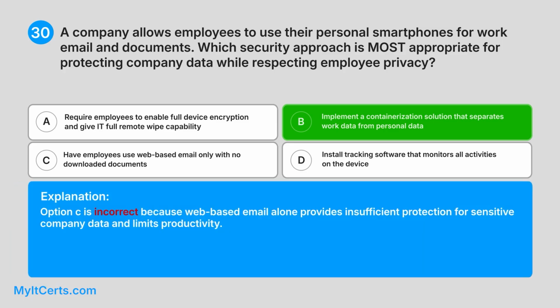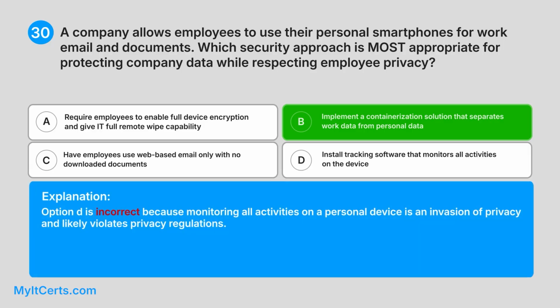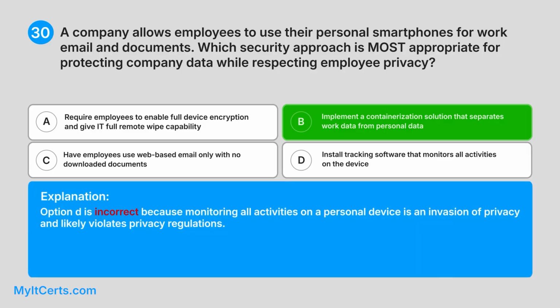Option C. Have employees use web-based email only with no downloaded documents is incorrect because web-based email alone provides insufficient protection for sensitive company data and limits productivity. Option D. Install tracking software that monitors all activities on the device is incorrect because monitoring all activities on a personal device is an invasion of privacy and likely violates privacy regulations.